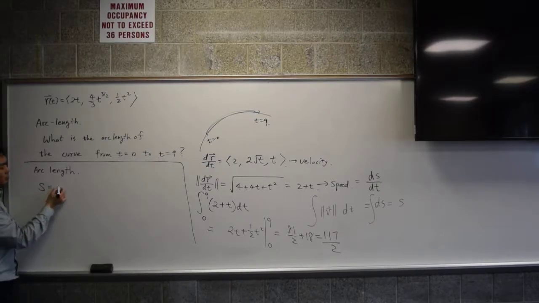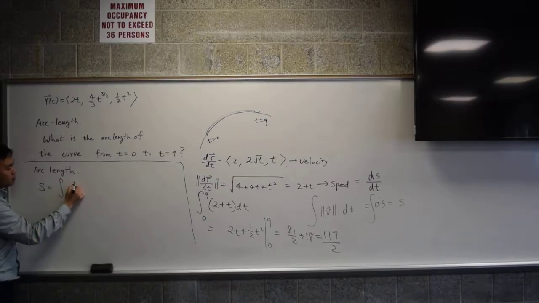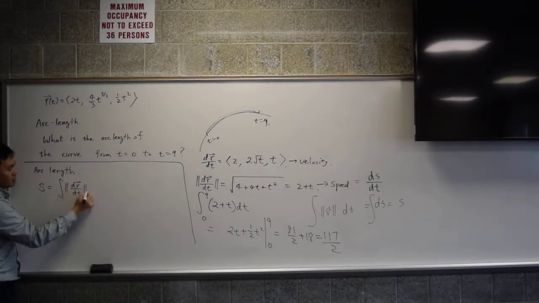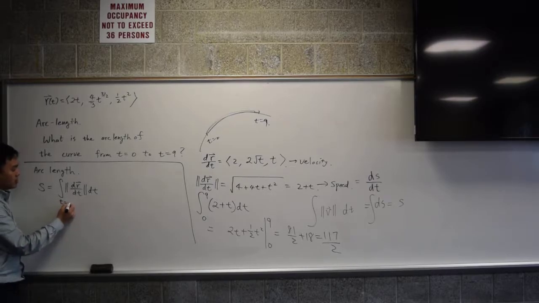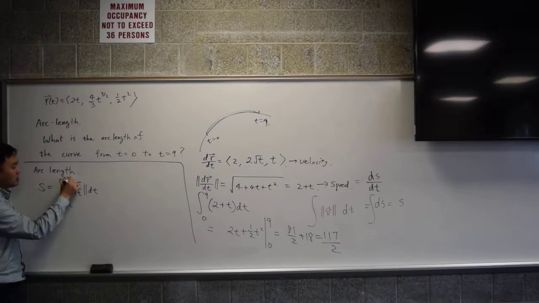And this is the integral of the norm of dr/dt, dt. That's the formula. If you want to know from t equal to a to t equal to b, this is the formula you use.